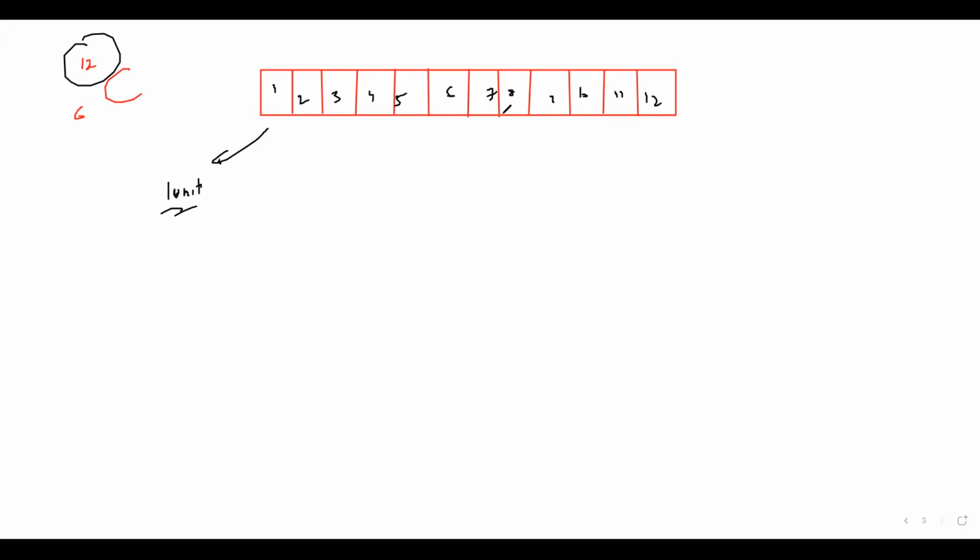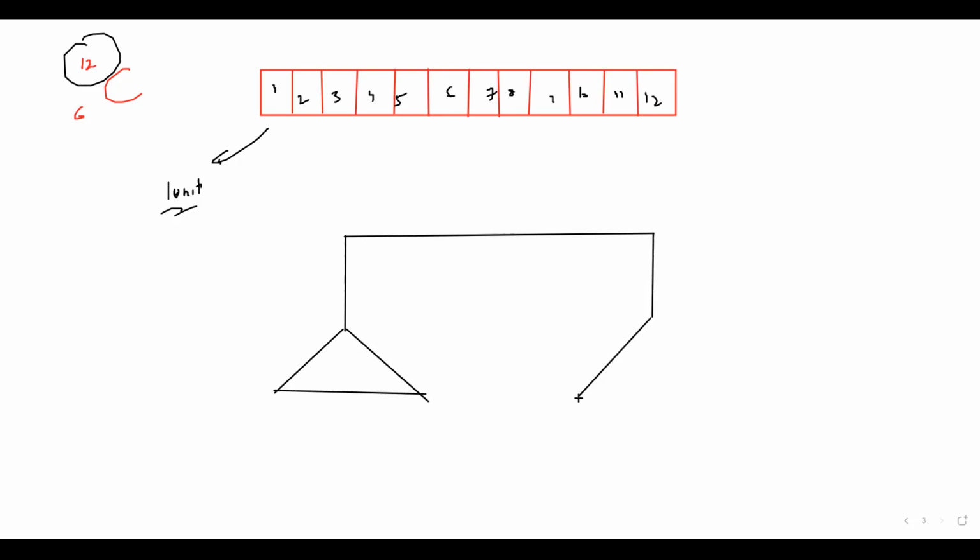So theoretically, when we compare this, we have a balance, and we have an unknown element x.